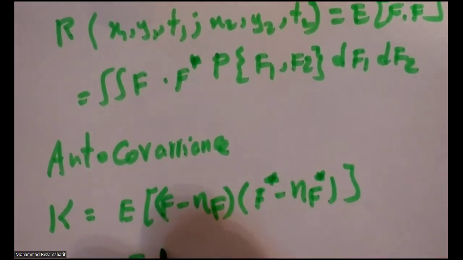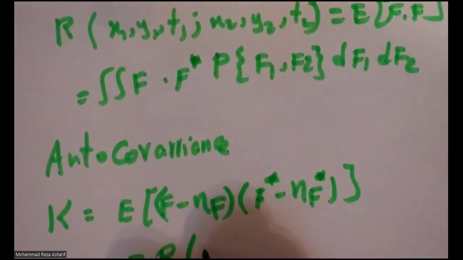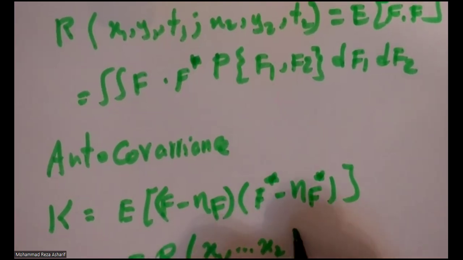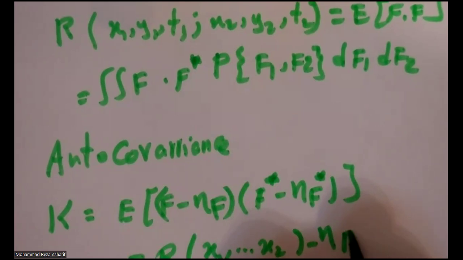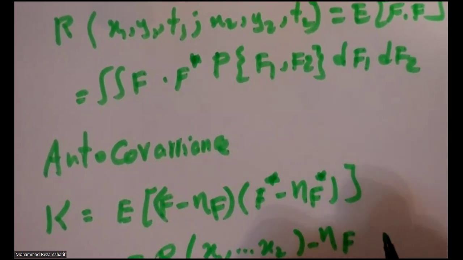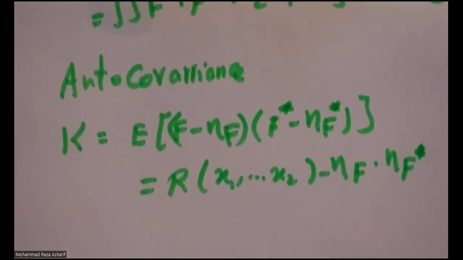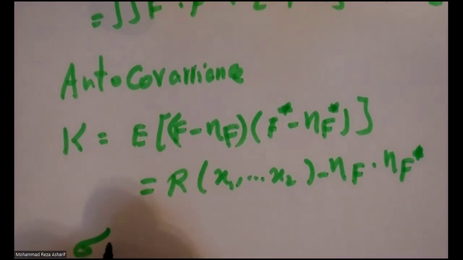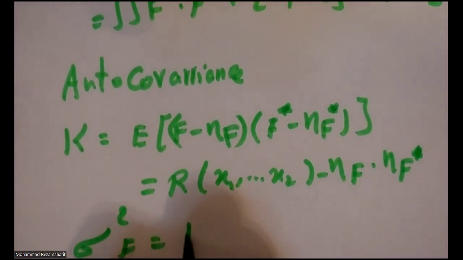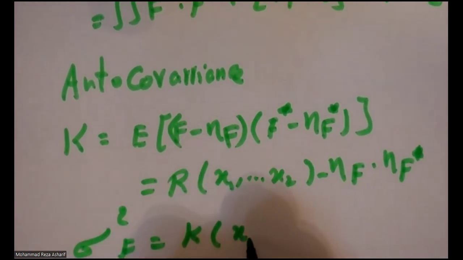You can write R of x1, x2 minus eta F multiplied by eta F star. Variance is also K of X and X.